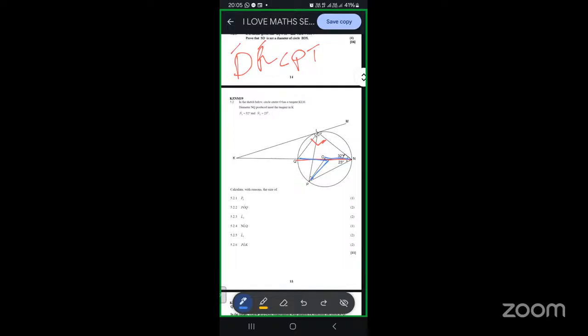Now I'm asking you this question. Do you agree when I say this angle and that angle are equal? Yes, sir. Is there a reason behind the statement?